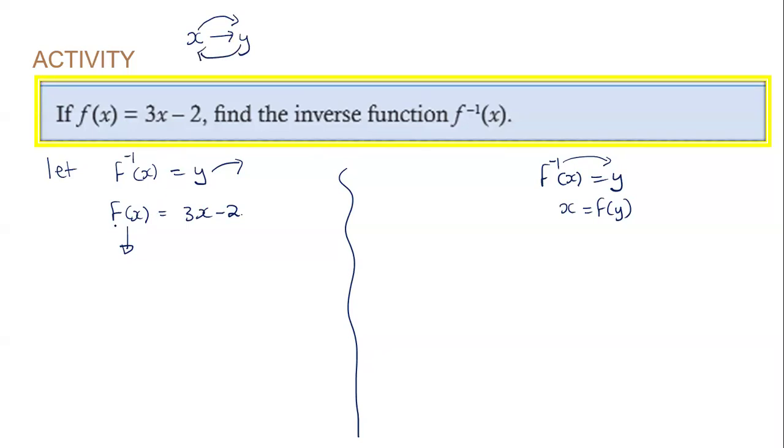Initially, I said that f of x means y. So where there is f of x, we put x. Where there is x, we put y. So I will say 3y minus 2. Members, have you got the interchange I'm making? Where there is x, put y. Where there is y, put x. Is that fine, members? Let me know through the chat.